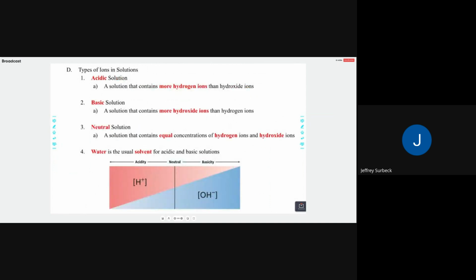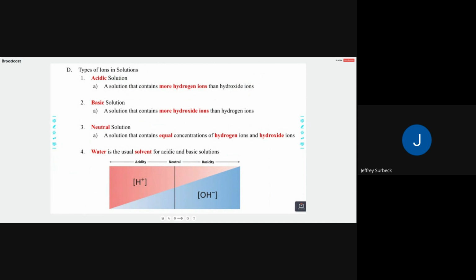So we move over here, and we have this chart, which is nice to see, comparing an acid versus a base. If a solution is acidic, there are going to be more hydrogen ions. Take a look down below at the red part with the brackets, which just represent molarity, H plus.